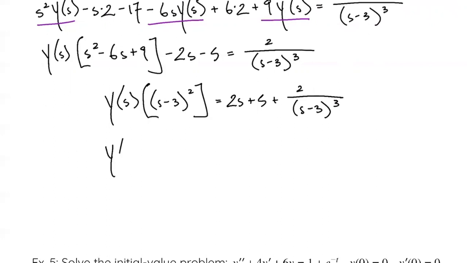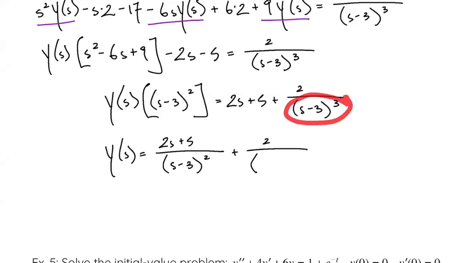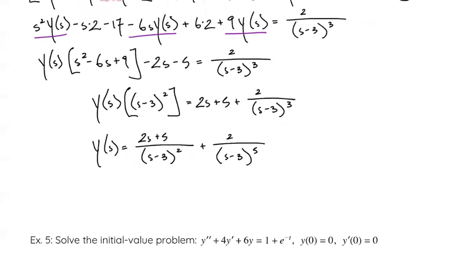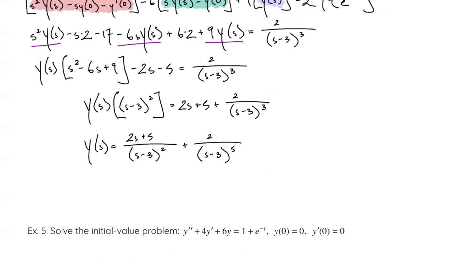So we're going to end up with Y of s equals 2s plus 5 over s minus 3 squared plus 2 over, I know this is kind of weird looking, but since we already have 3 of these here, and we're introducing another 2, s minus 3 to the 5th. All right.